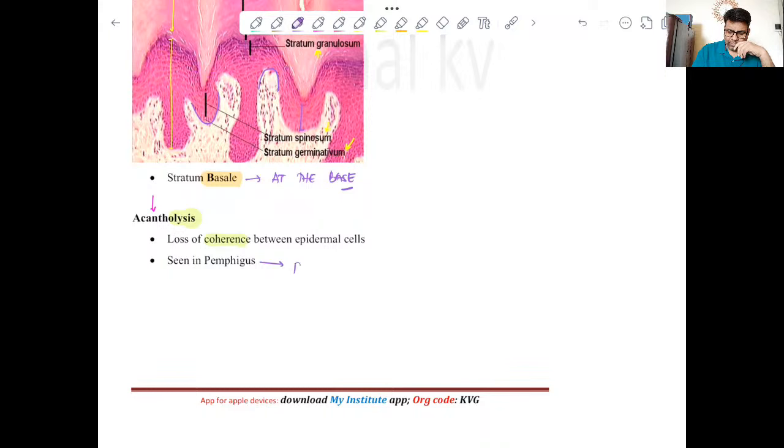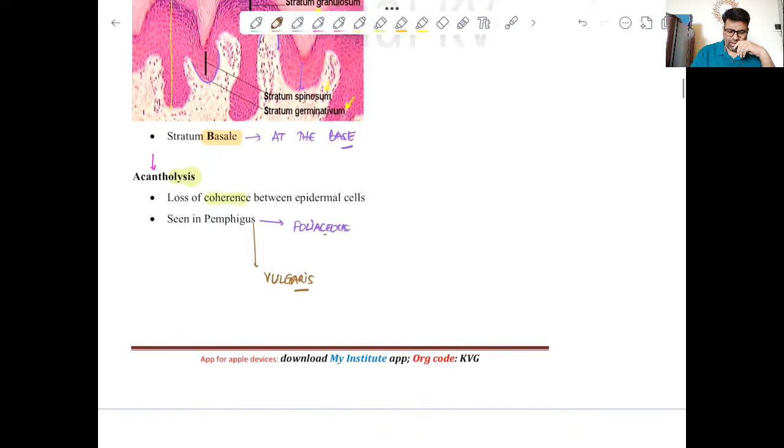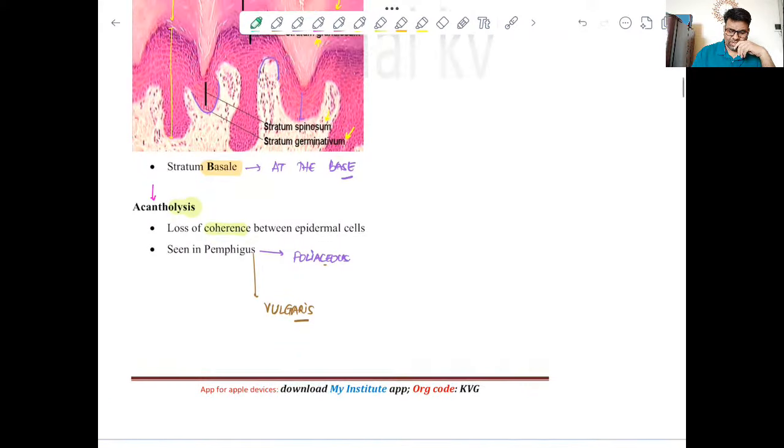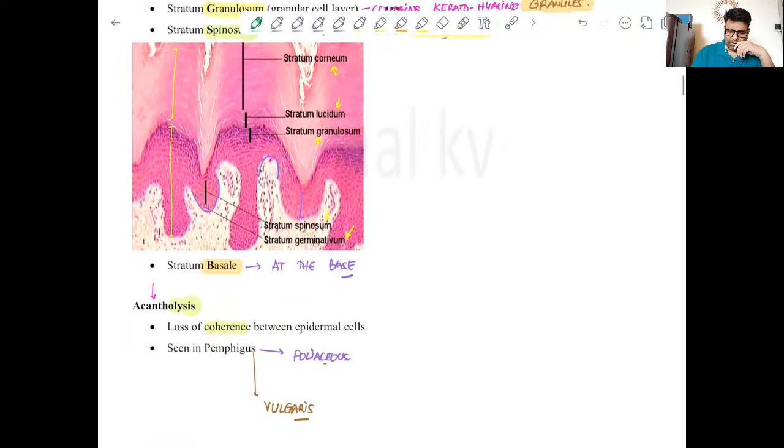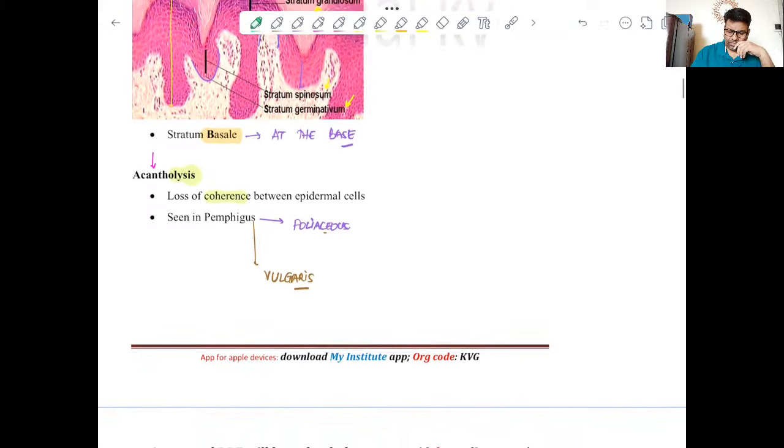And one is foliaceous, and another is the important one, vulgaris. Now in both of these conditions we will see acantholysis, but the only difference is in terms of location. In foliaceous we see it in the upper part, below corneum, right?